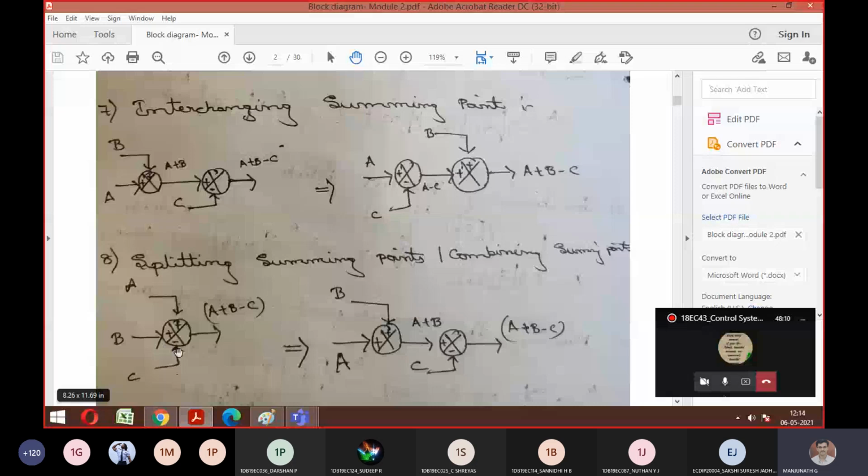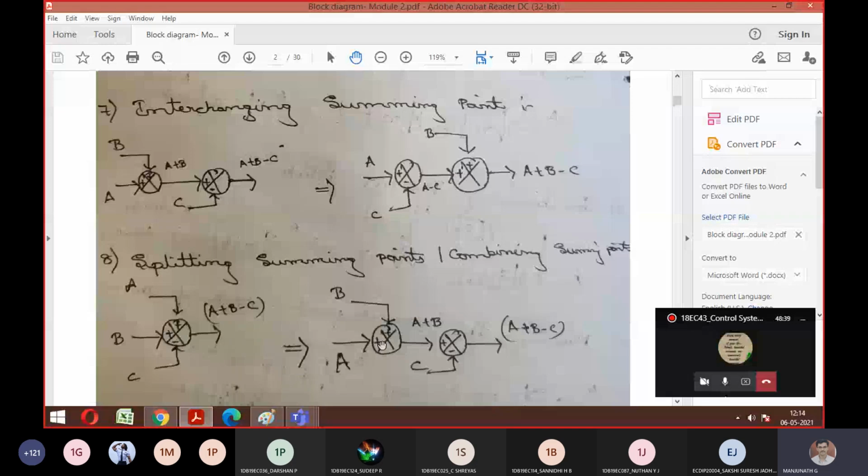If we have to make a splitting, a separation of the summing point, or combine the summing point, we have to follow this rule. So what does this rule say? There is a signal A plus B. It is clearly telling that A and B can be together because they have the same plus, plus. That is what is done here. So they have split this and given one more summing point, like the earlier case.